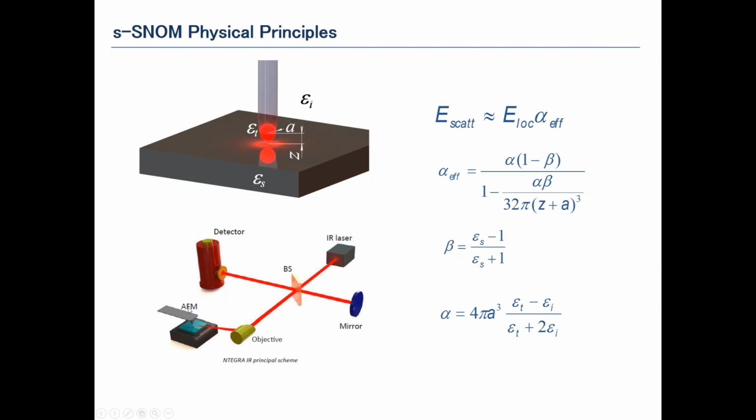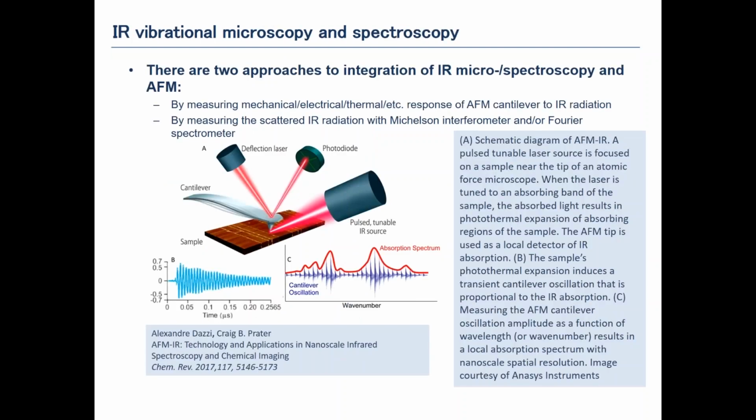Actually, it is worth mentioning that there are two possible approaches to combine infrared techniques with the AFM. The approach that I have just described refers to scanning near-field optical microscopy. The second approach is to measure the mechanical response of the cantilever without using any optical techniques.